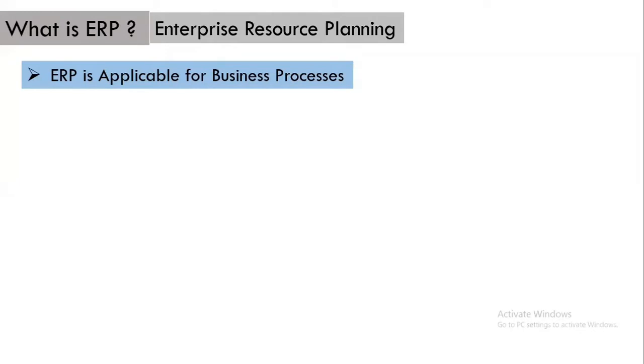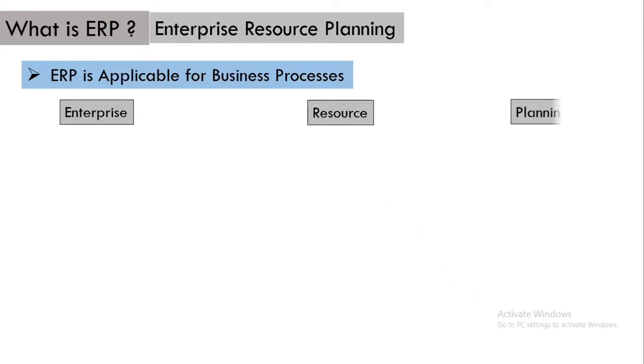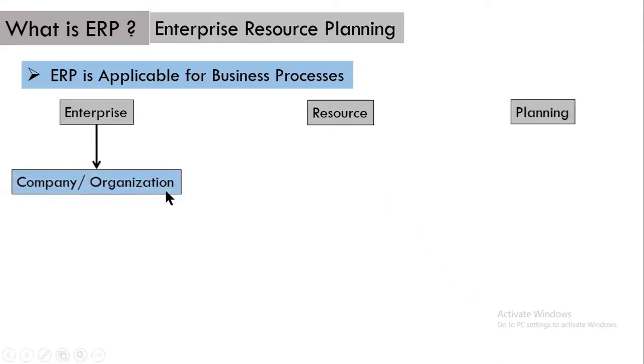This abbreviation itself indicates what ERP is. ERP means Enterprise Resource Planning. We have to plan the resources in an enterprise, an industry or an organization. We have three words here: enterprise, resource, as well as planning.